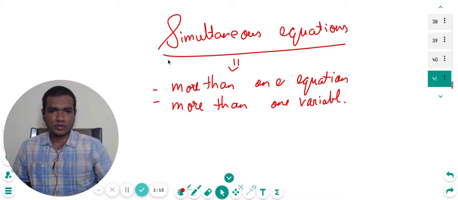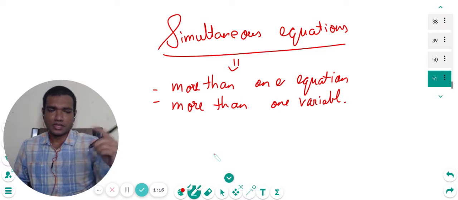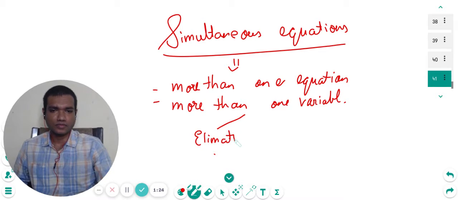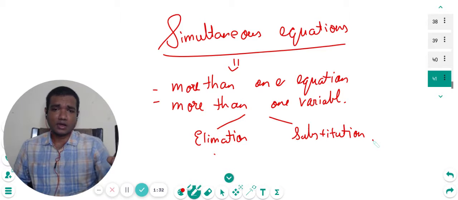Now, before we proceed into solving it, simultaneous equations can be solved in multiple ways. For example, we can use elimination to solve it, and we can also use substitution to solve it. In this particular lecture, we'll look at the elimination method.